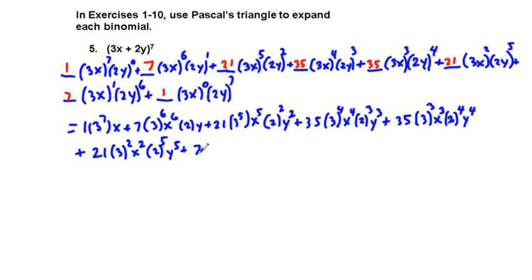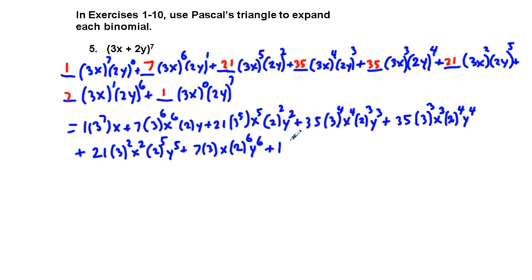7 times 3 to the 1st power, which I'm just going to put in as 3, x, and we're having 2 to the 6th power, y to the 6th, and then finally we're going to have 1, our last term, 1, times 3x to the 0 power is just going to be 1, so we're just going to ignore that.